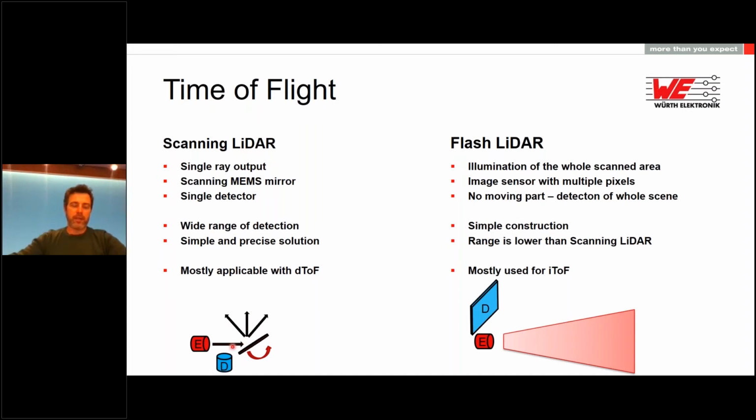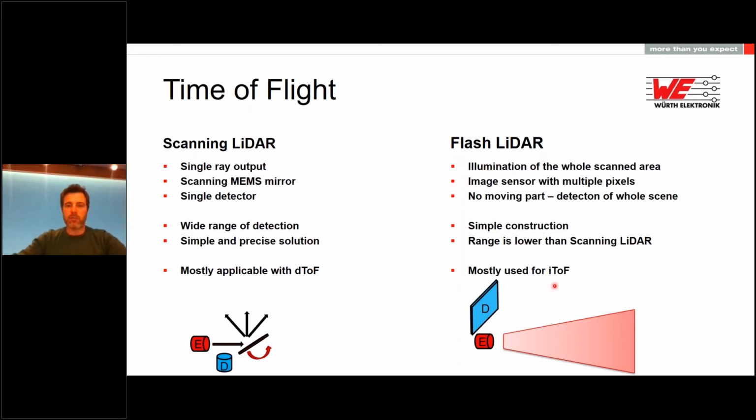Then the detector can detect each of the beams, and with this scanning and moving, we can have a picture of the whole scene. It's used for a wide range of detections. It's a very simple and precise solution, and it can have a very wide range because it can use a single beam with a low divergence and high output power and lower time for detection, and it is mostly applicable for the direct time of flight model.